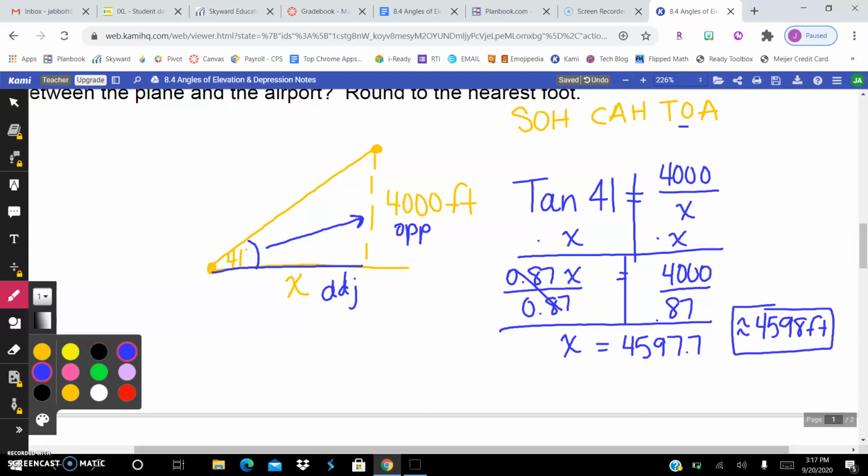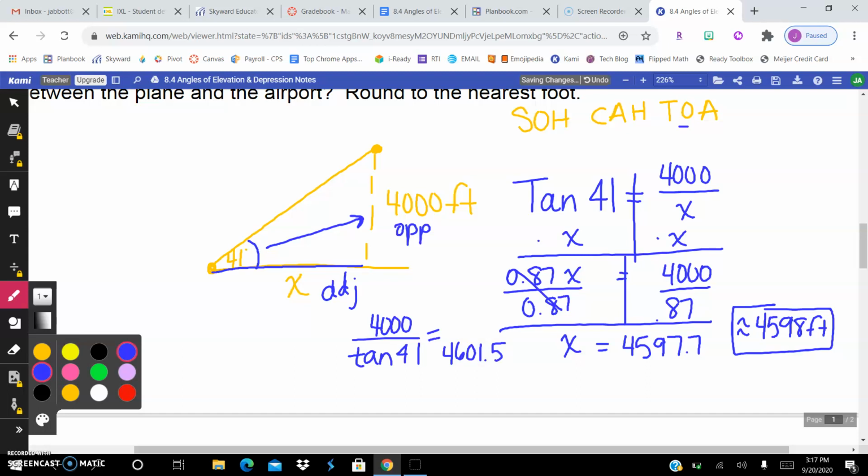Now, if we wanted an even more accurate estimation of how far away the plane would be from the airport, then we would simply type in 4,000 divided by the tangent of 41. And we would get 4,601.5.